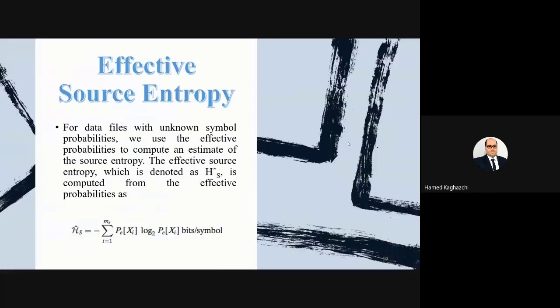Okay, now we can say that for a data file with unknown symbol probabilities, we use the effective probability to compute an estimate of the source entropy. Because I use the effective probability for each symbol, I need to calculate the effective source entropy.